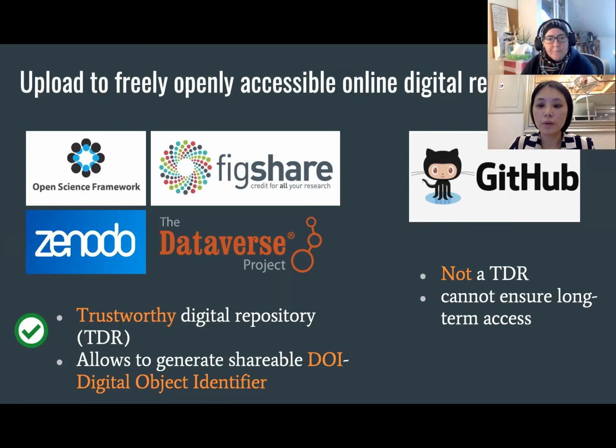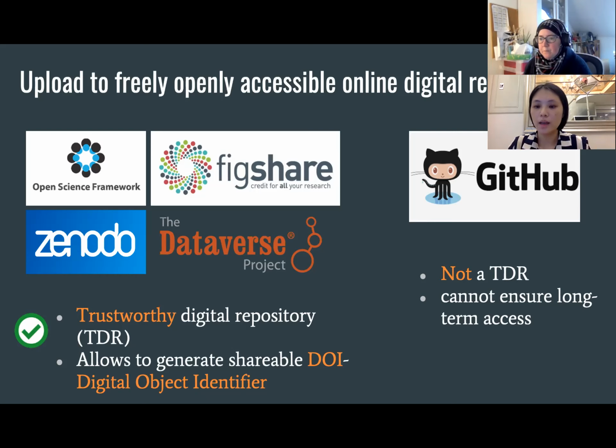They allow users to generate a shareable DOI, which is a digital object identifier. A DOI is a unique number string that identifies content and provides a persistent link to its location on the internet. So once you have a DOI, you don't have to worry that it may be gone at some point in the future.